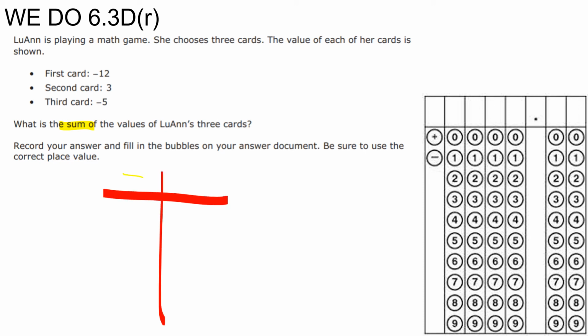And on the left side, I write my negative integers. And on the right side, I write my positive integers. So here we have our first card, we have -12. Our second card, we have +3. And our third card, we have -5.